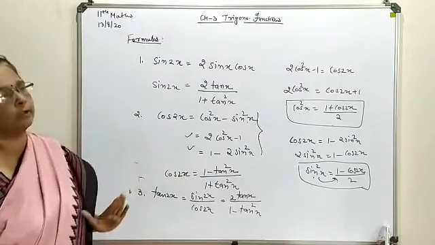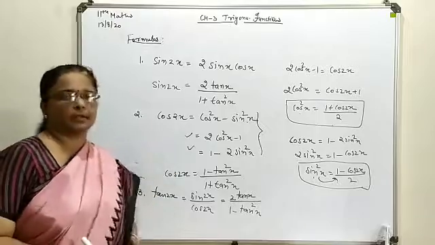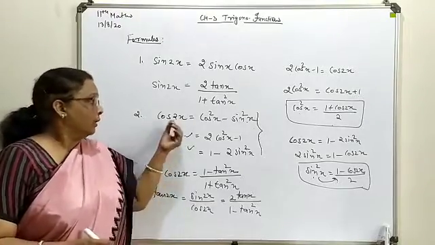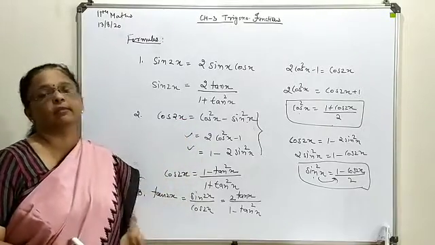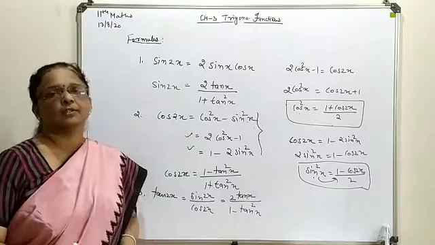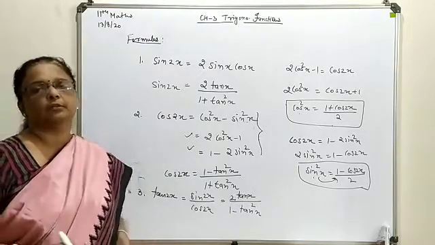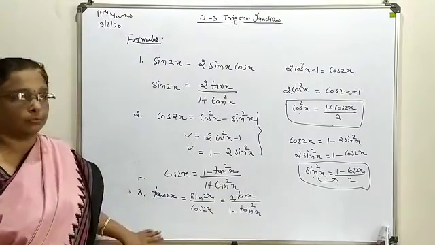So this way when you write cos 2x, sin 2x or tan 2x, your angle turns into a half angle, and it is not compulsory that every time you will have the x form or y form. It may be in angle form also. So if it is 120, it will turn into 60. If it is 60, it will turn to 30, just half of that. So this way these formulas are to be implemented.